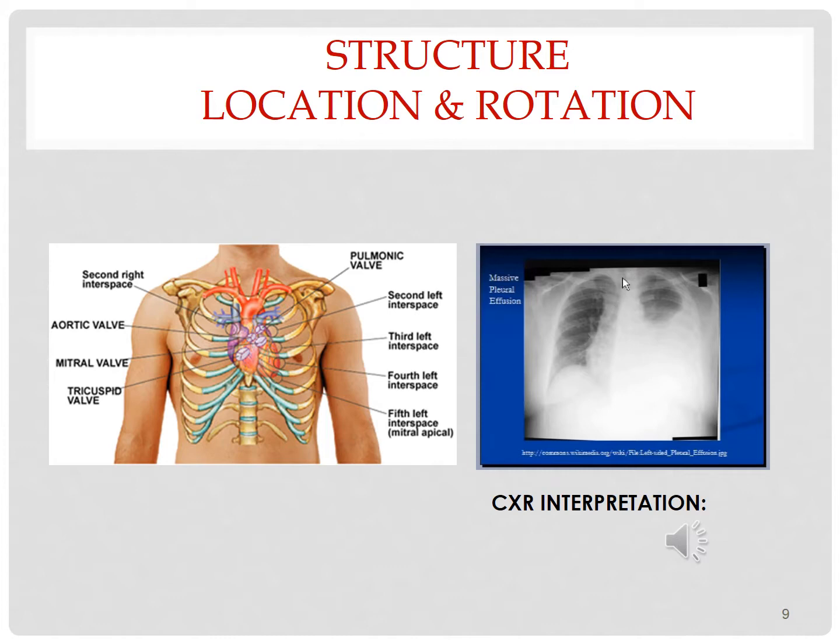In this case, the trachea is shifted towards the right side. There is a large pleural effusion on the left side. Notice the heart and mediastinum are also pushed towards the right side.